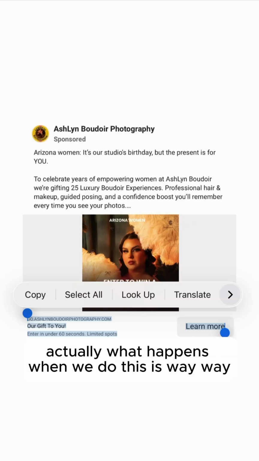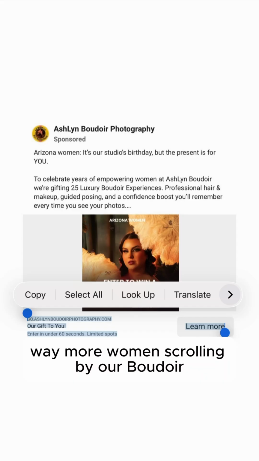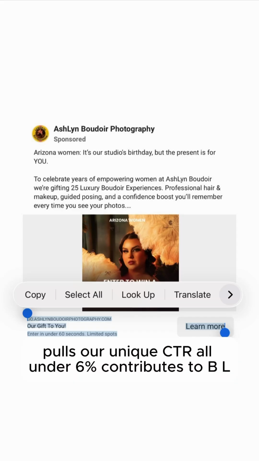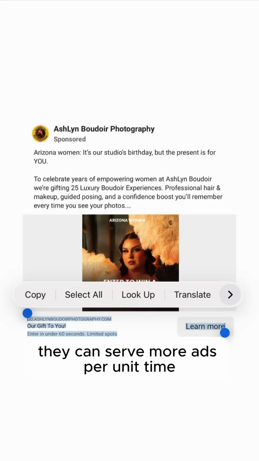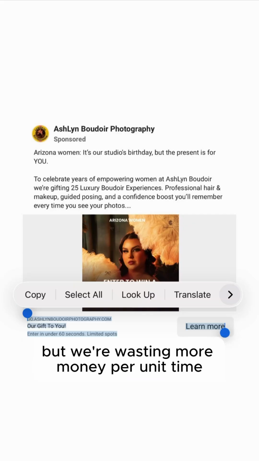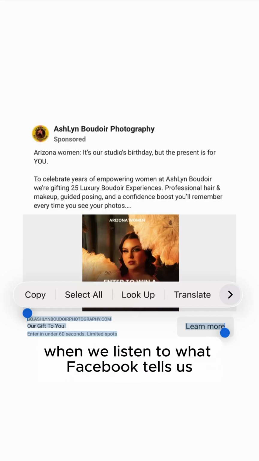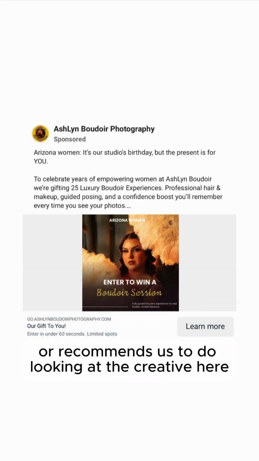What happens when we do this is way more women scrolling by our Boudoir Facebook ad than necessary, pulls our unique CTR under 6%, contributes to BLCS, Boudoir low click syndrome. But Facebook loves this because they can serve more ads per unit time, make more money per unit time, but we're wasting more money per unit time when we listen to what Facebook tells us or recommends us to do.